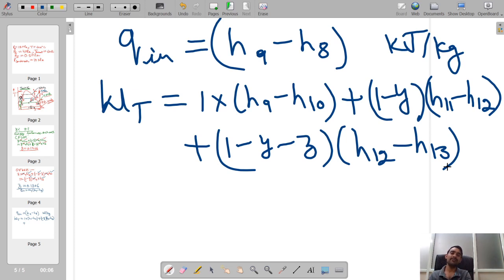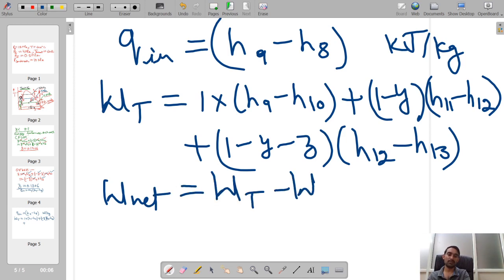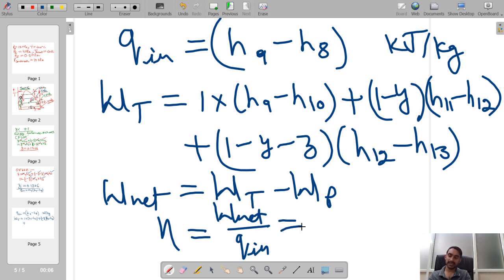Pump work already we have determined for individual pumps. So finally if we calculate the net work, which will be equal to turbine work minus pump work, we will be finding our net work expression. And now if we calculate the efficiency, that will be W net divided by Q in. Everything I am doing on per kg basis.